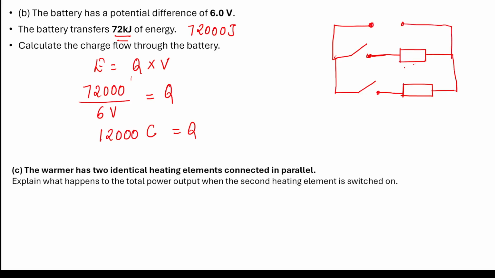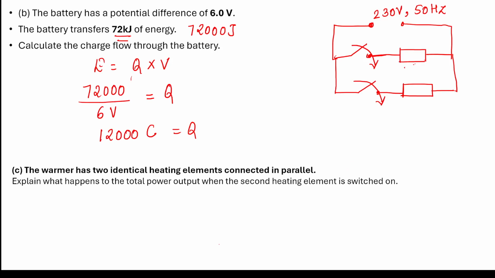Okay, so I have this foot warmer, so it is connected to the electricity supply of my home, and not only my home, your home, every other home in UK gets this 230 volts. So when the second heating element is switched on, so if this is switched on and I switch this one on too, what then happens?